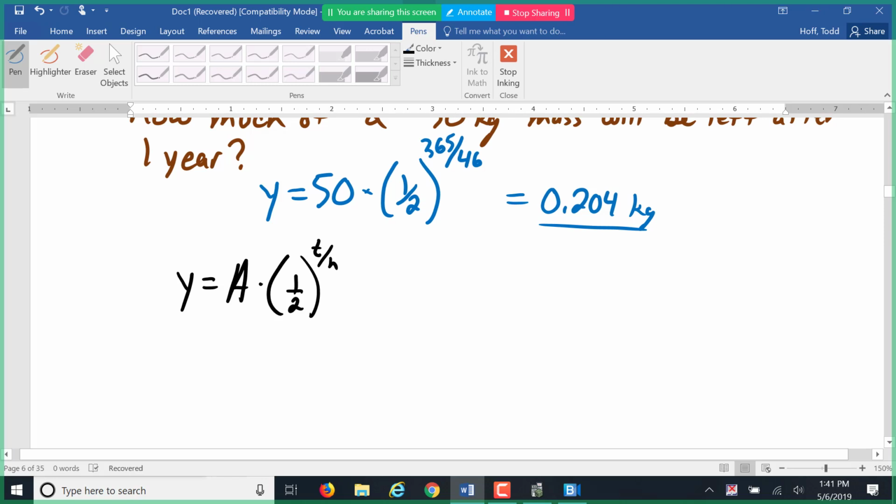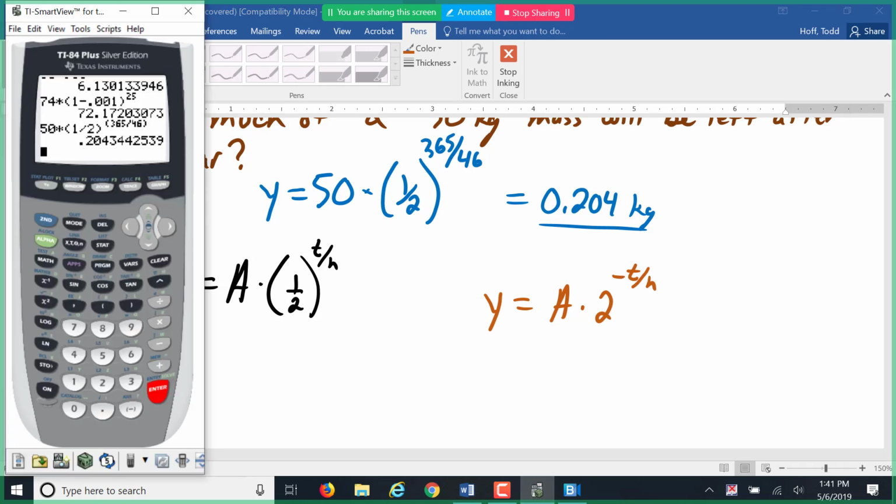We had mentioned earlier that there's an alternative way to write these decay formulas. Instead of writing it as 1/2 to the power of t over h, I could write it as y equals that initial amount times 2 to the power of negative t divided by h. Let's show that if I enter it in the calculator that way, I get the same amount. 50 times 2 to the power of, in parentheses, negative 365 divided by 46, close parentheses.